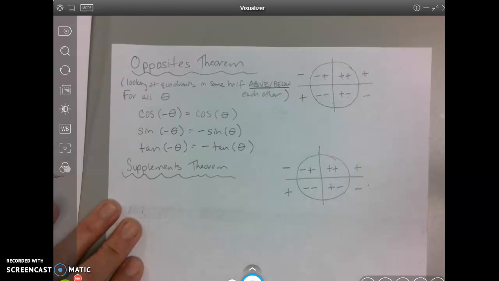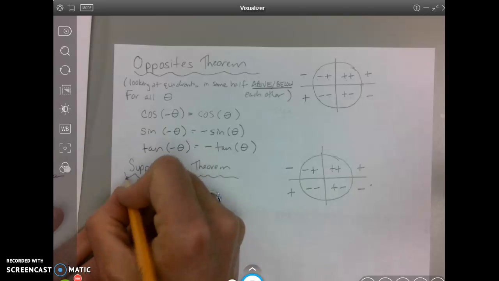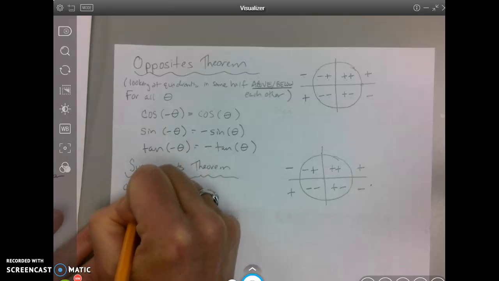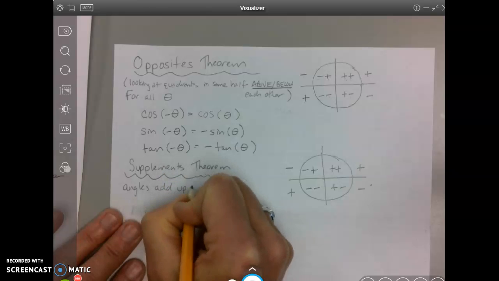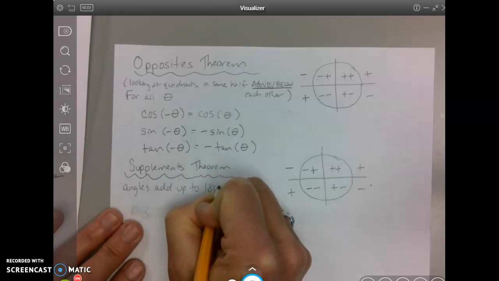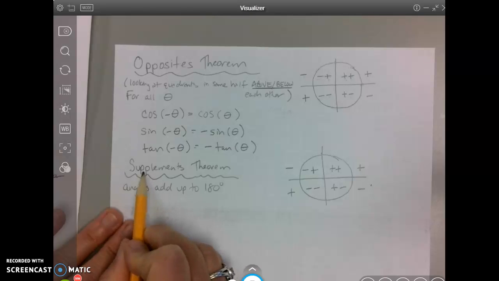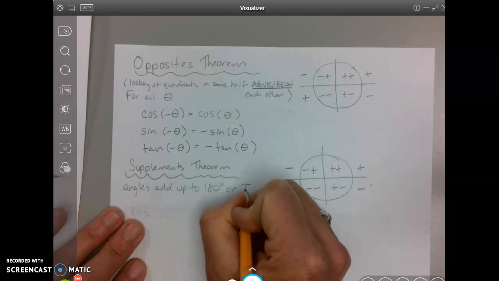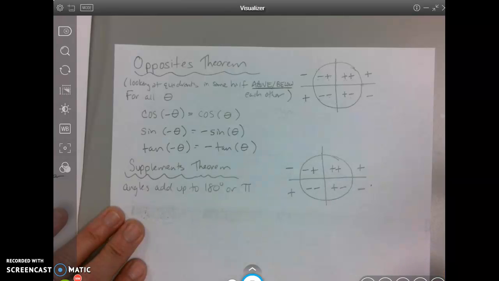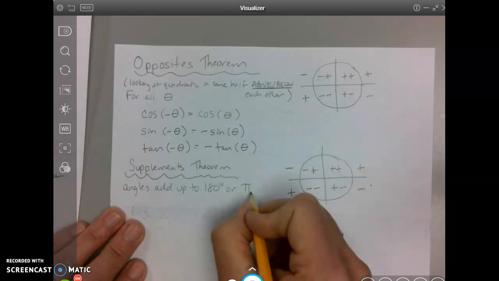Okay? The supplements theorem says that angles add up to 180 degrees. You should have learned that in geometry, that supplements add up to 180, or pi, because pi is the radian equivalent of 180.